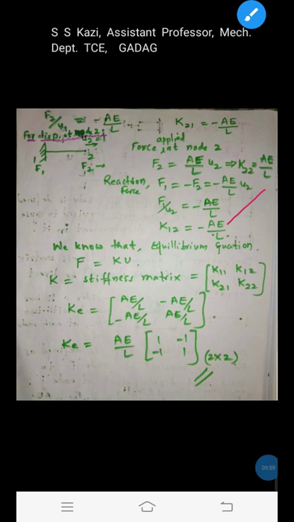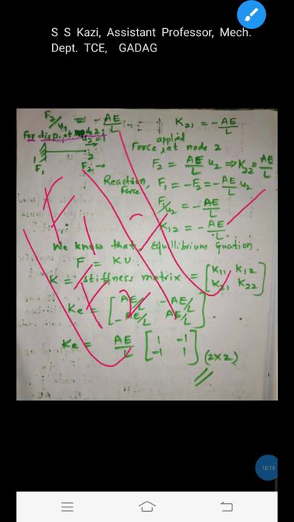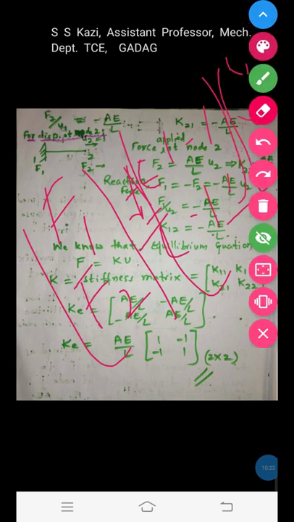Now, from the principle of superposition, you write F1 and F2 in matrix form: AE by L times the matrix [1, minus 1; minus 1, 1] times [U1, U2].